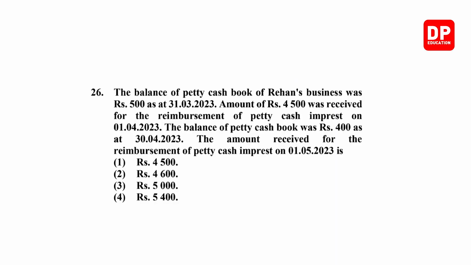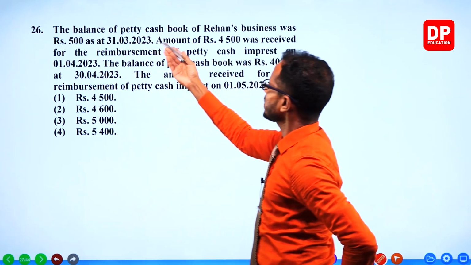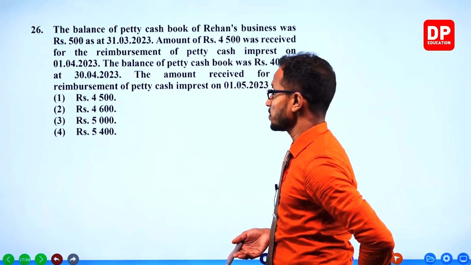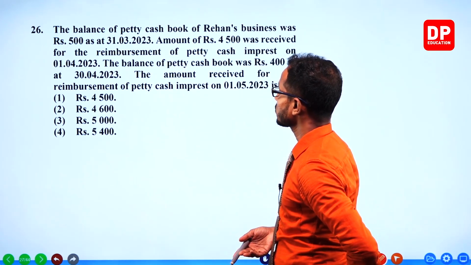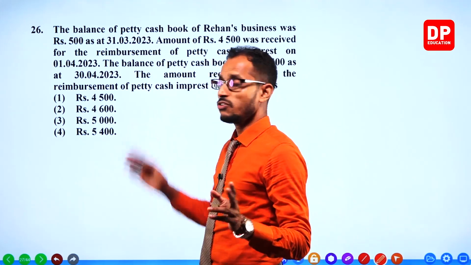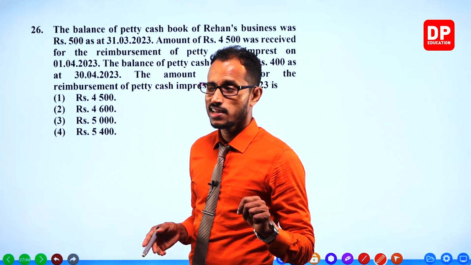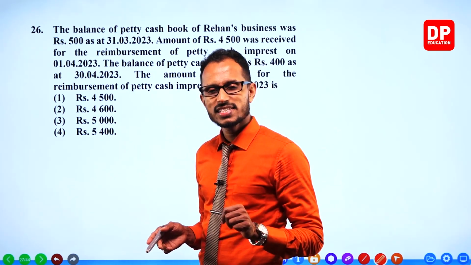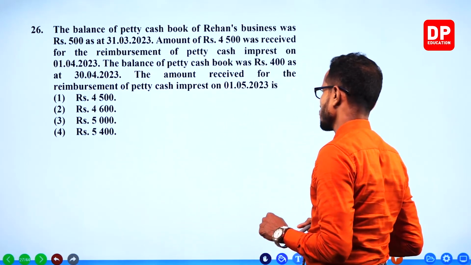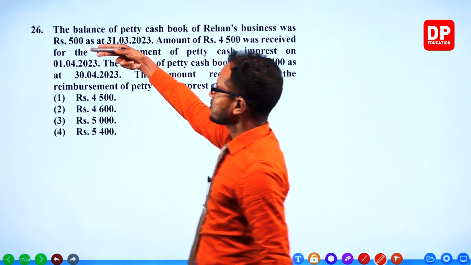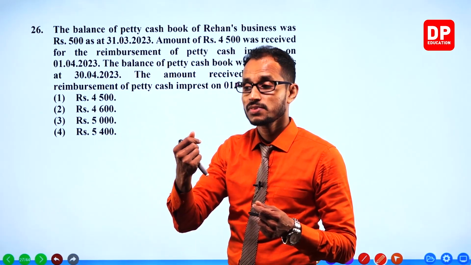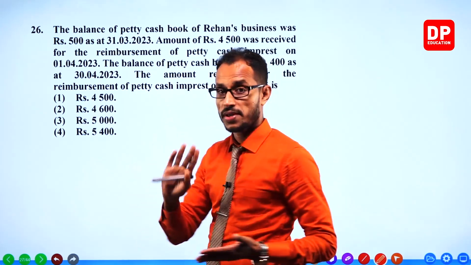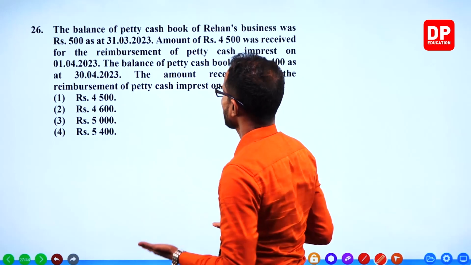Next one. The balance of the petty cash book of Rehan's business was rupees 500 at 31st of March 2023. That is the end of an accounting period, or maybe a month. Yes, that is the end of a month. There was a balance, cash remaining with the petty cashier, not spent, balance remaining 500.